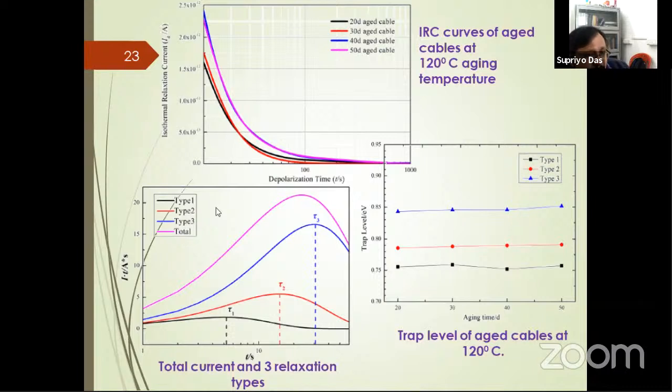So the trap level in case of the 20 days aged, that is black color, is around 0.75. If you look here in the first row, the black one is at 0.75, whereas in the red it increases some more. Again, it increases more for the blue. So we can identify the trap levels that are associated with the aging.